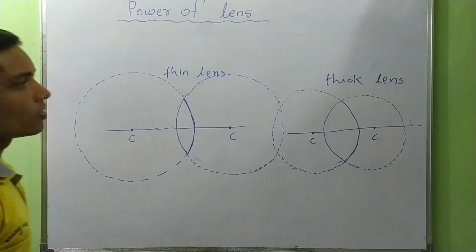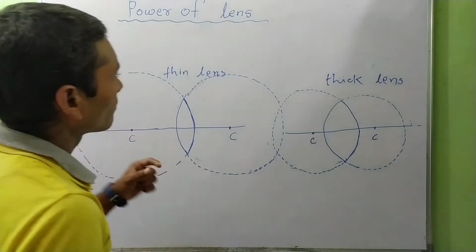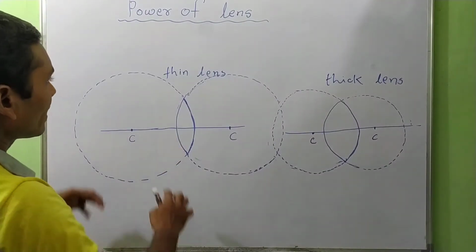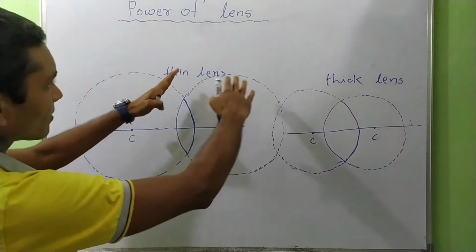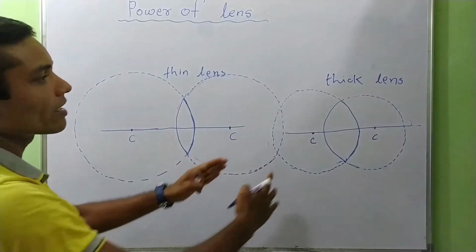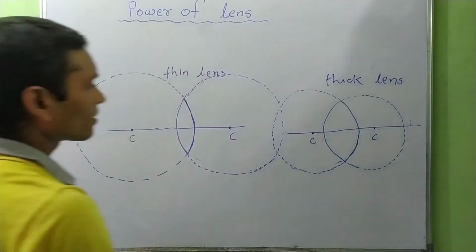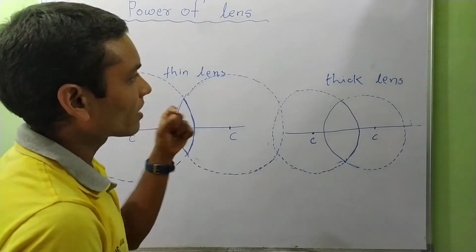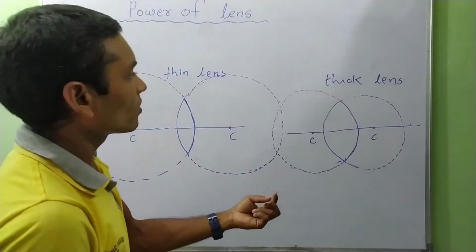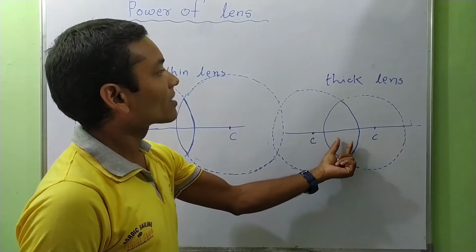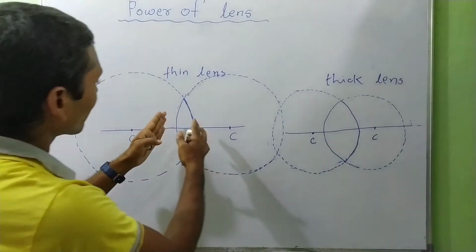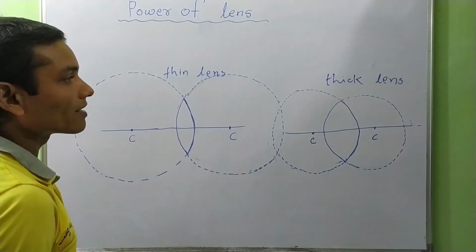Okay, you can see from both diagrams that these spheres are greater than these spheres, means the curvature of the surfaces for thick lens is greater than the curvature of this thin lens.